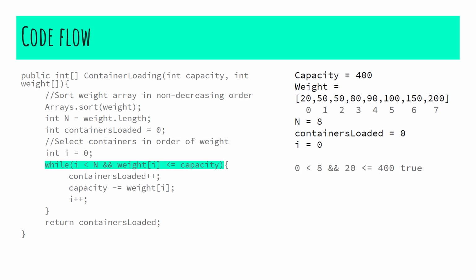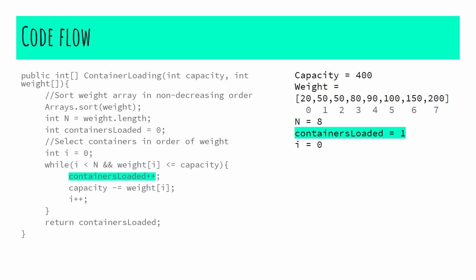Once we encounter this while loop, our first condition is checked, where the value of i is 0 and the value of n is 8. Of course, 0 is less than 8, and the weight at index 0, that is 20, is less than or equal to our initial capacity, which for now is 400. So this is true.